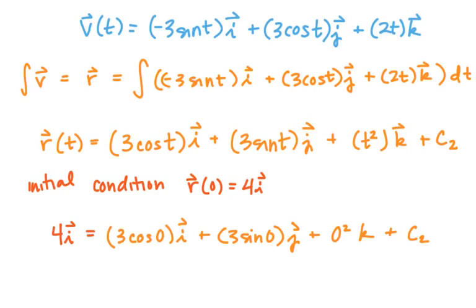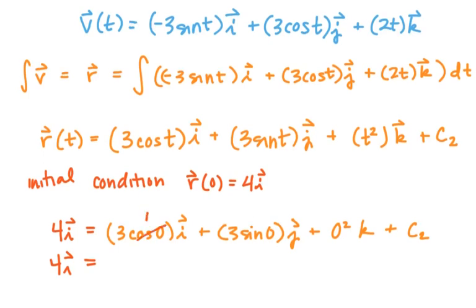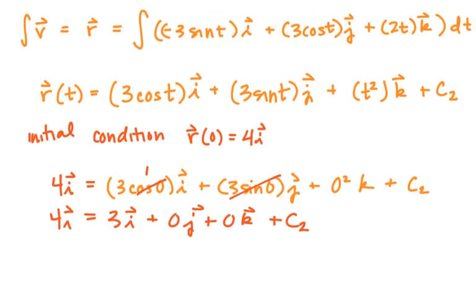Cosine of 0 is 1, so cosine of 0 is 1 times 3. I have 3 times the vector i plus, sine of 0 is 0, so I've got 0j plus 0k plus c sub 2. Simplifying what we have here, those are gone. Subtract that 3 over. I have 1i equals c sub 2.